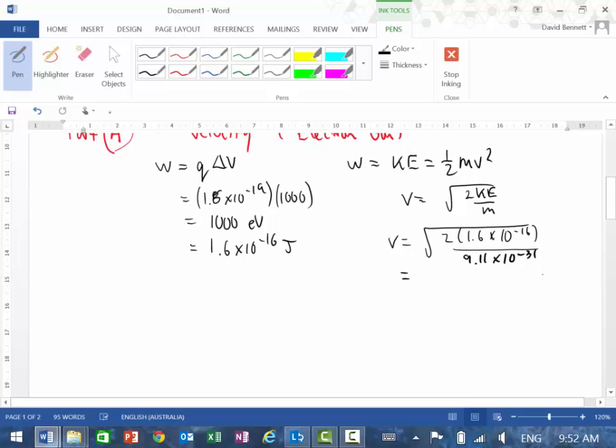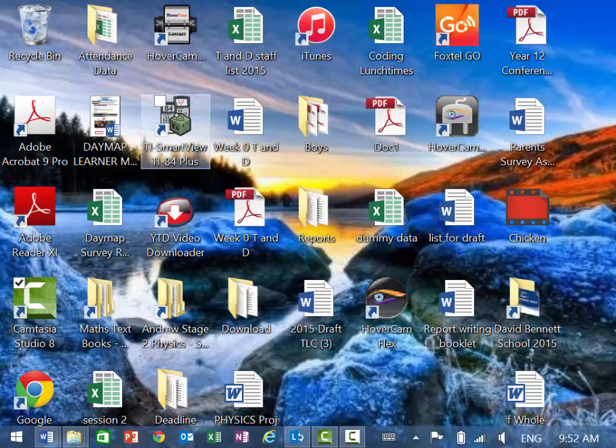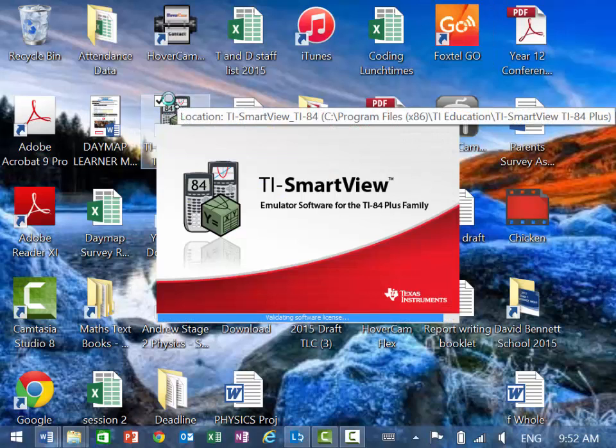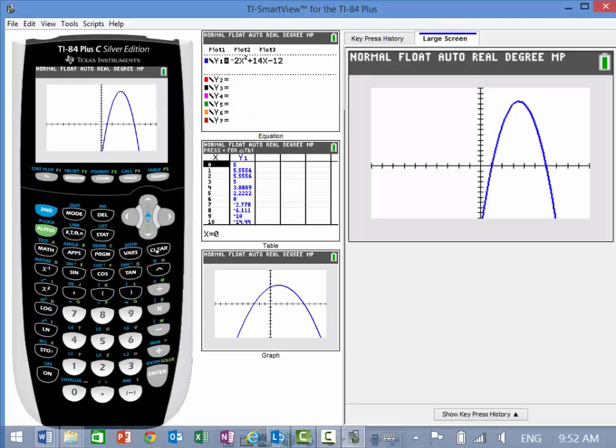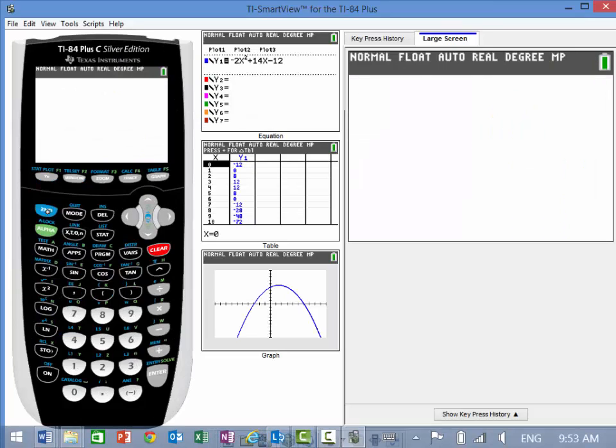So if we go to our calculator, we can do that in one line. Let's do the top line first: 2 times 1.6 to the exponent minus 16.